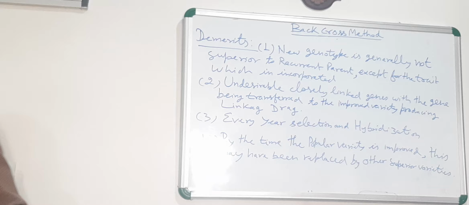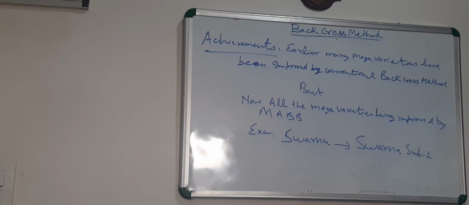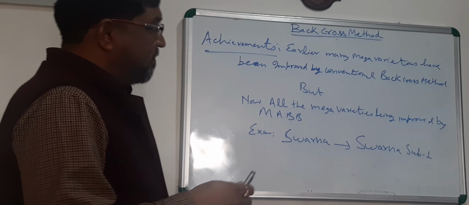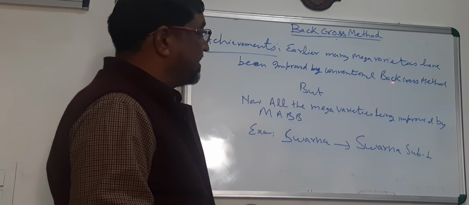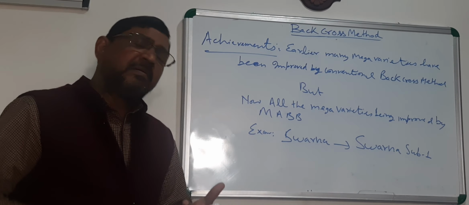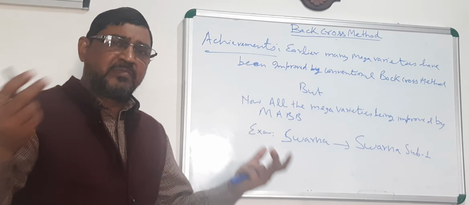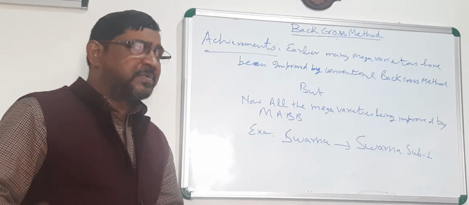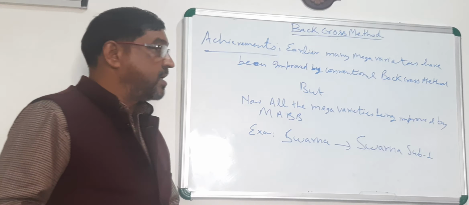Now we will be dealing with the achievements. If you talk about achievements, earlier many mega varieties have been improved by the conventional backcross method. If you go back to Kalyan Sona, when it became rust susceptible, it was improved, the improved Kalyan Sona.